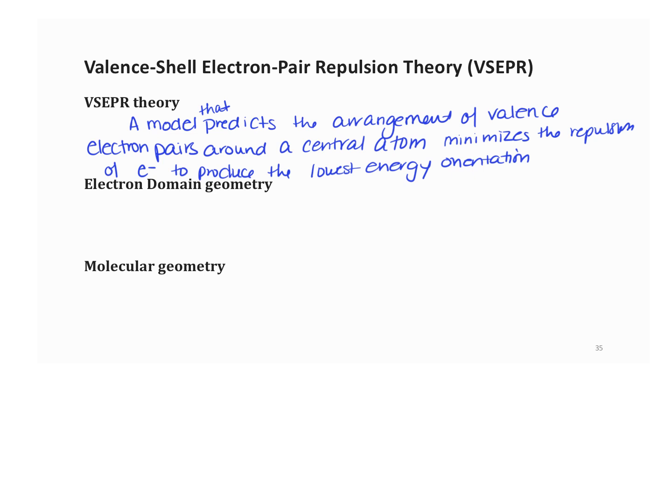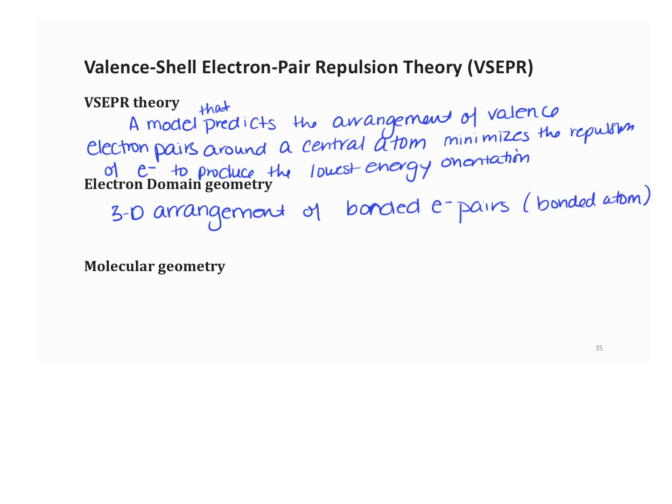So the electron domain geometry is just the 3D arrangement of either bonded atoms, which you'll see as a line that shows you the bond, and the lone pairs.